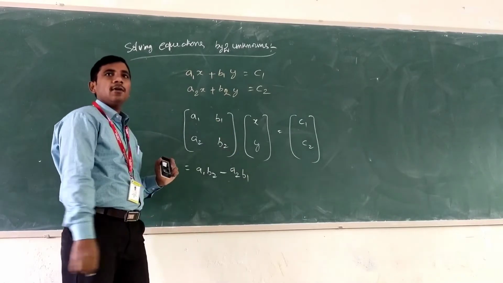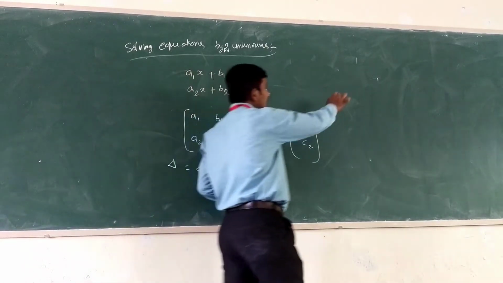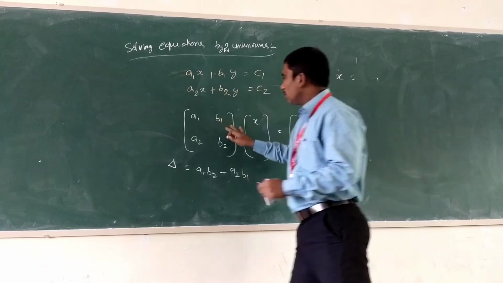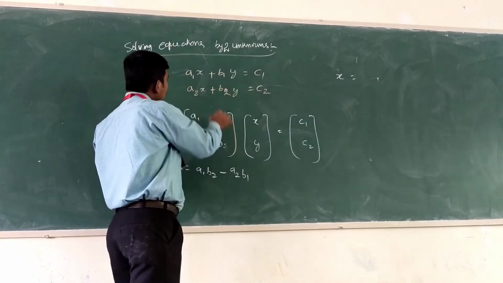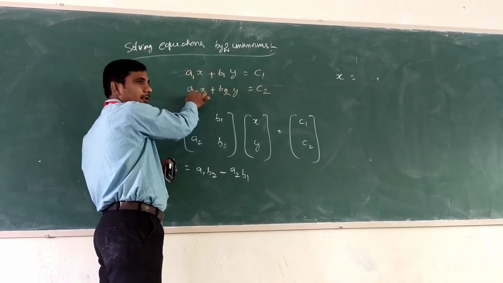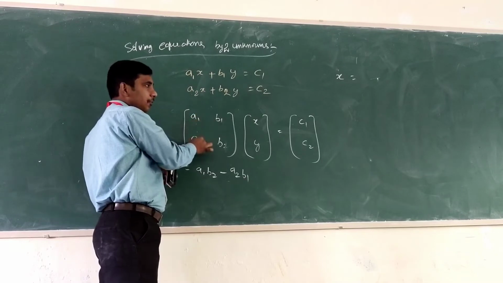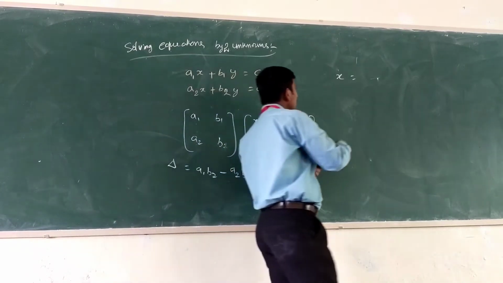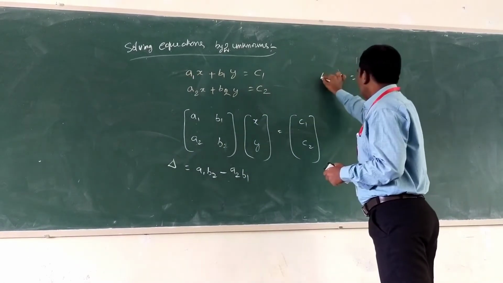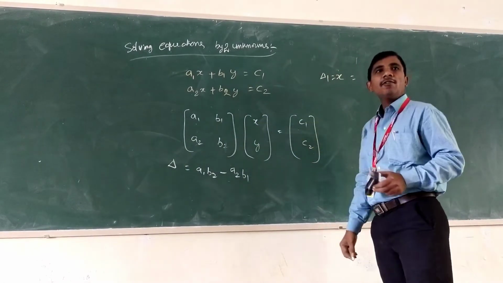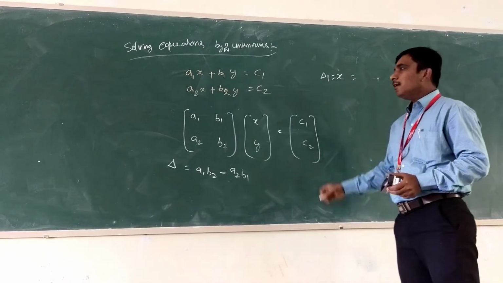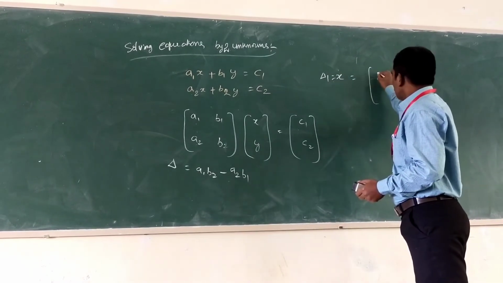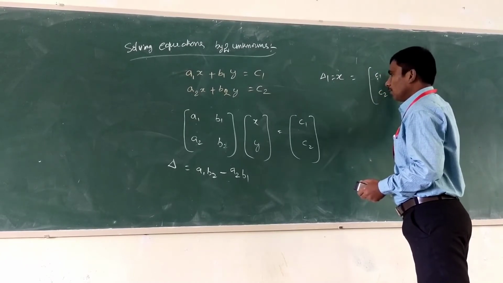That is delta. Now if you want to calculate x, then we replace the x coefficients A1, A2 with C1, C2. That is known as delta 1.